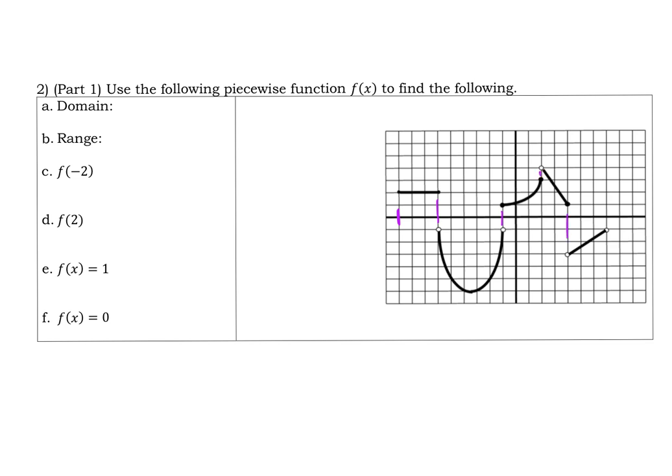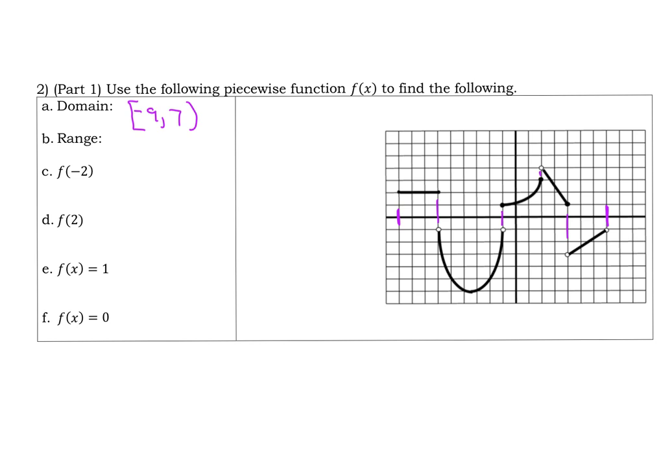So it goes from here all the way to here. And so that's going to give me at -9 all the way to 7. And at -9, it's going to be a hard bracket because that's a point. And over at 7, it's going to be a parenthesis because that's an open circle.